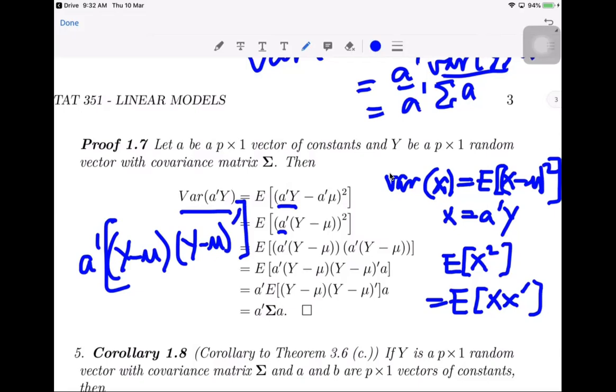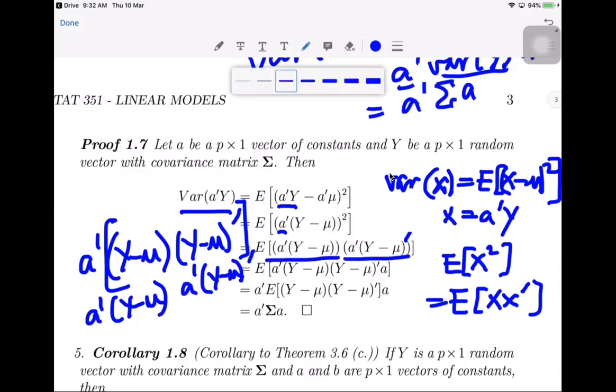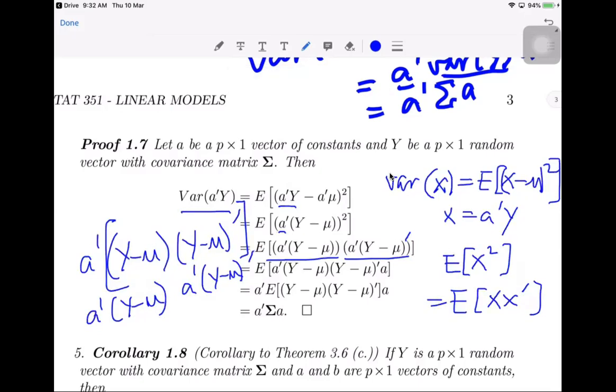So this should have a prime here. Okay. So if you distribute that, that is A prime Y minus mu and A prime Y minus mu prime. Okay. So this is this part. And then this part here can be written in this manner. Correct?